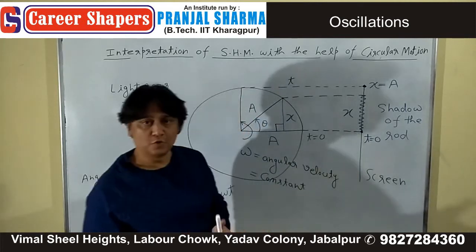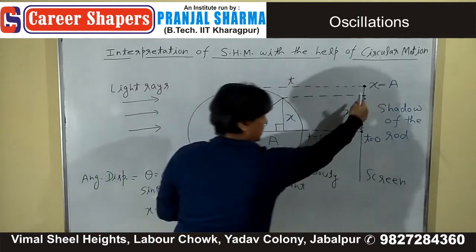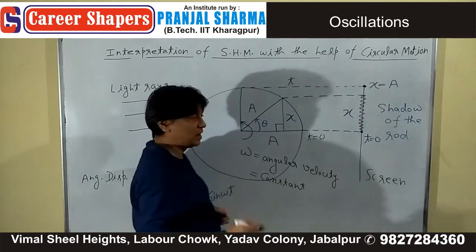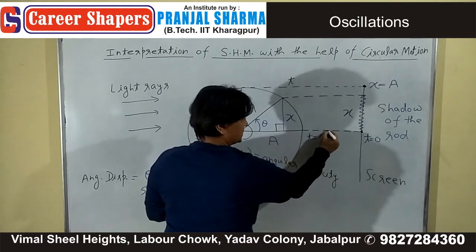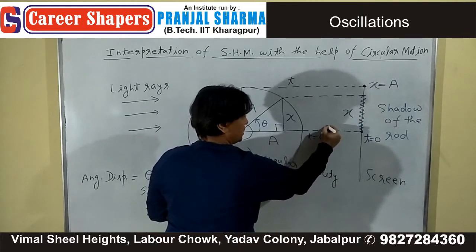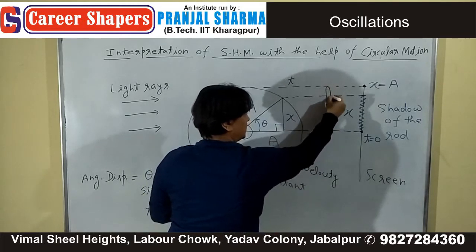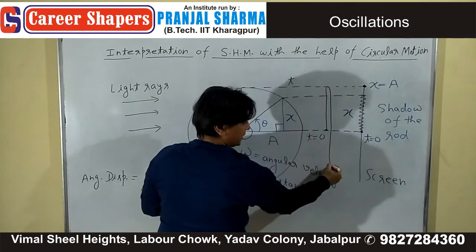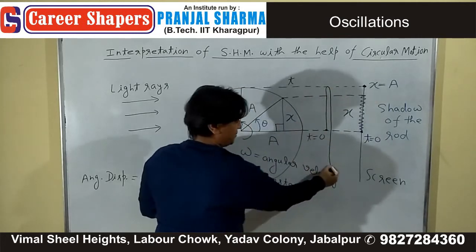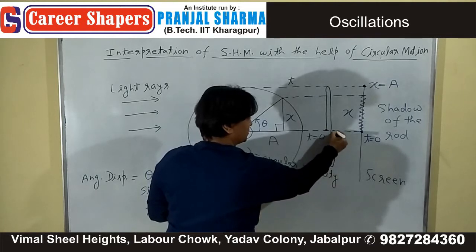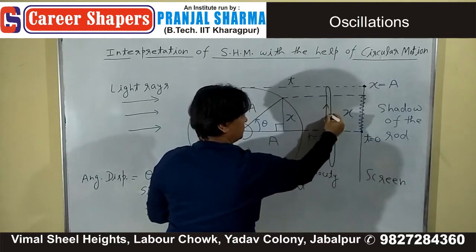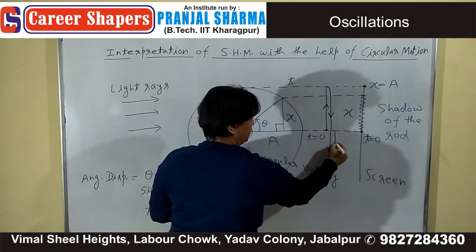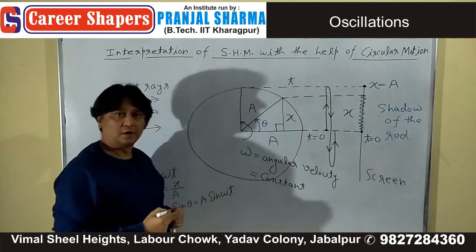So, if you notice the path of the tip, then this path looks like this. Starts from this position, it goes up, it comes back down, it reaches the negative extreme, and then goes up like this. That's how tip of shadow is moving.